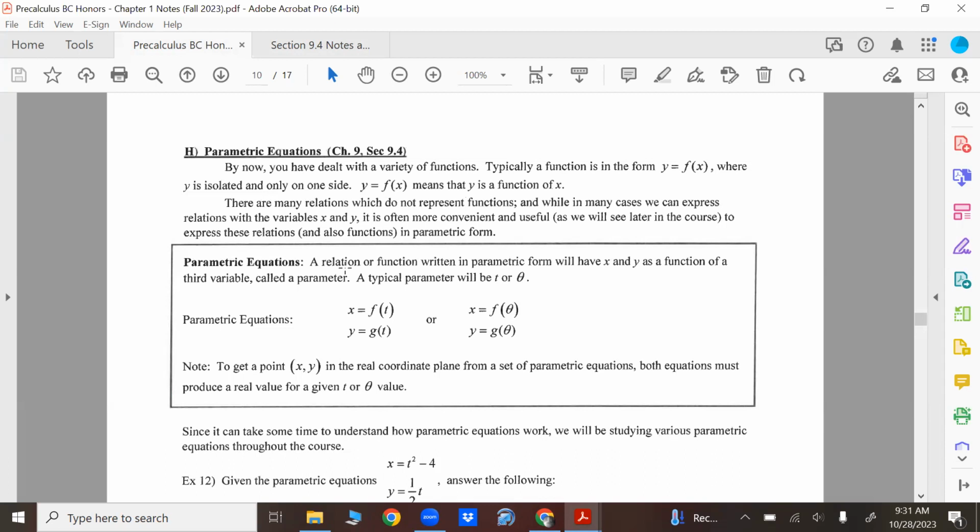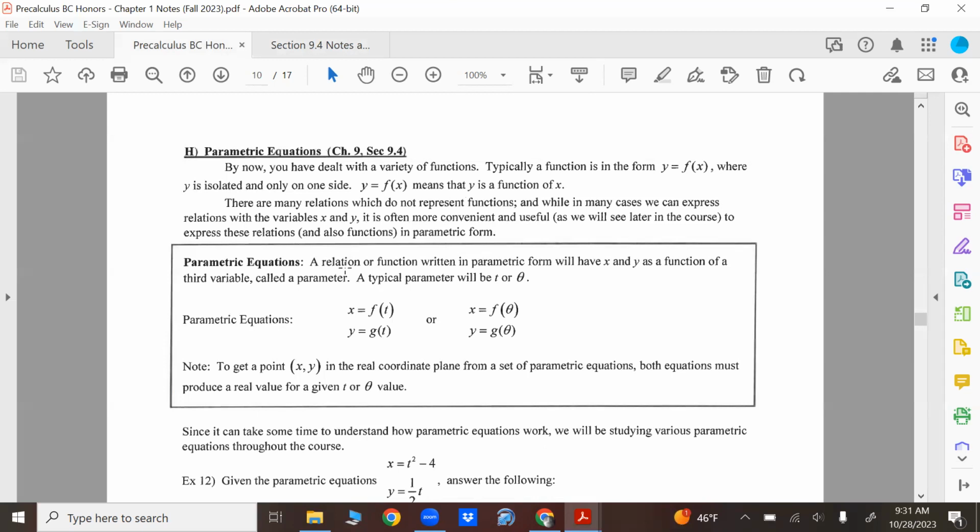The reason is that, like in physics, when you break things down to horizontal and vertical components, x could be the horizontal distance traveled, y the vertical distance traveled, and t could be time, a common variable for both x and y. This can make analyzing such situations easier when you break the situation down into two separate equations. So this is one reason why we have parametric equations.